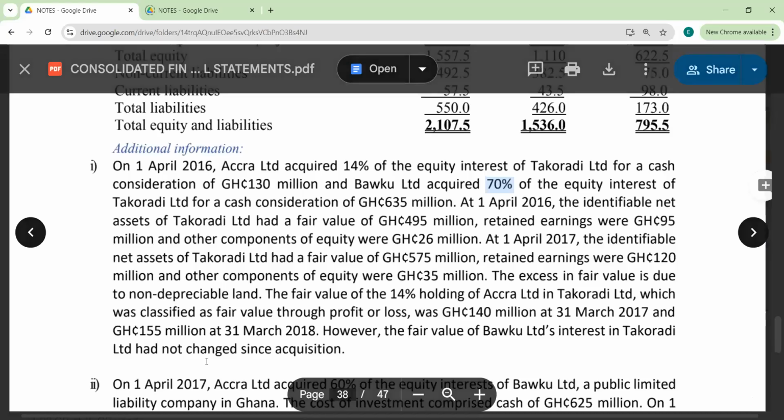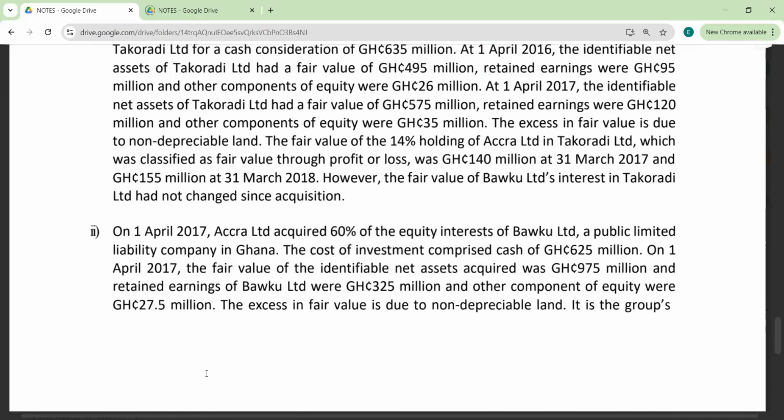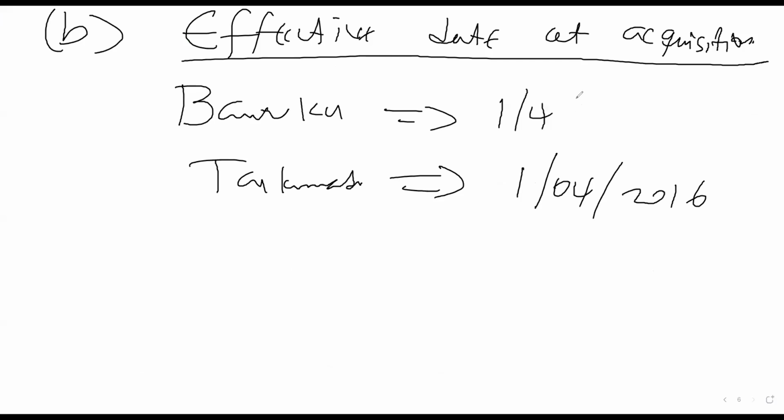Now let's go to note 2. Bokun was there. On 1st of April 2017, Accra Limited acquired 60. So on 1st April 2017, that's all. I'm done.